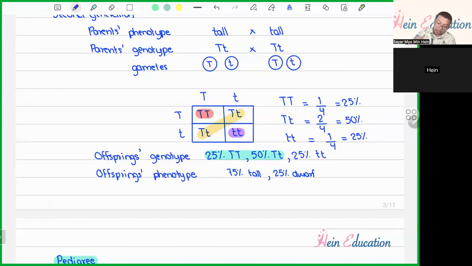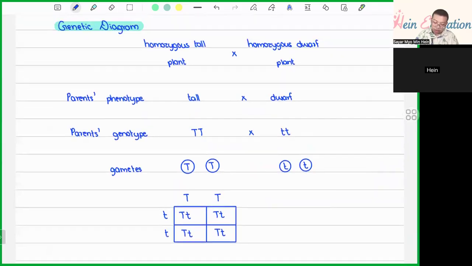So simply, for the offspring genotype, we can also say 1:2:1 ratio. And for the offspring phenotype, it would be a 3:1 ratio. Okay, so this is the sample example that we get from the tall and dwarf plant.